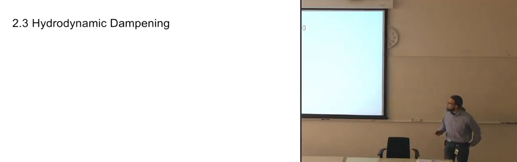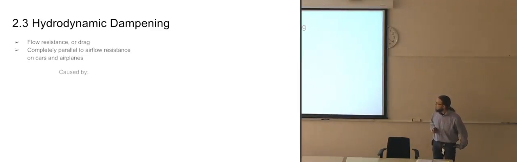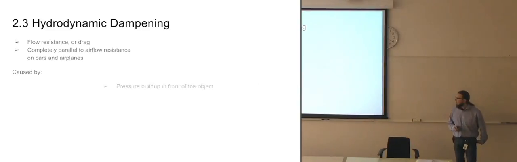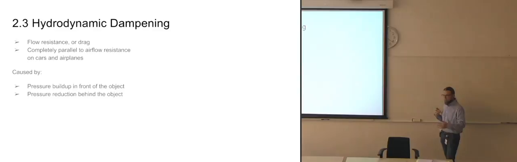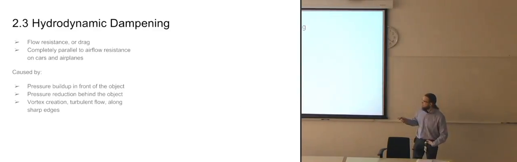So, we were talking about hydrodynamic dampening, and we got to the causes for it. We talked about the pressure buildup in front of the object, and then we also get a pressure reduction behind the object, and we also get vortex creations because of these turbulent flows. Those are especially created along sharp edges.